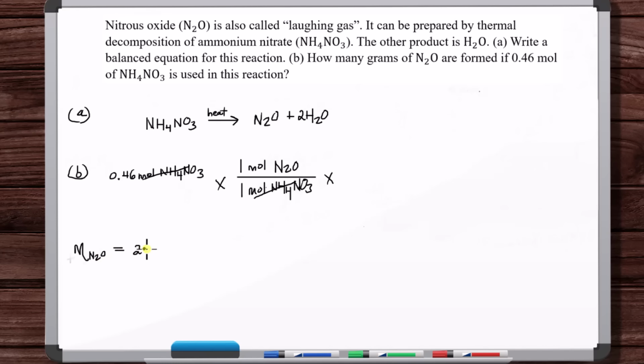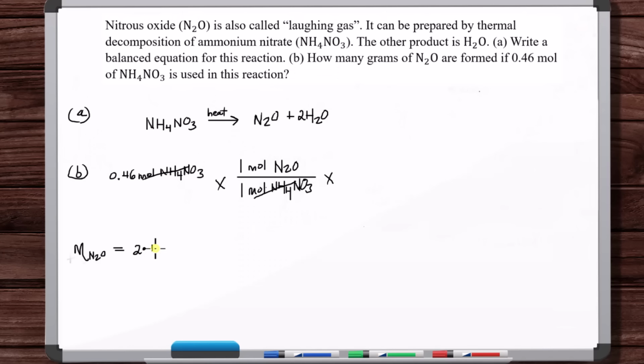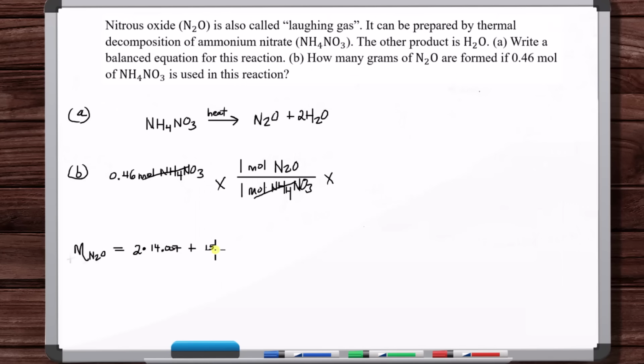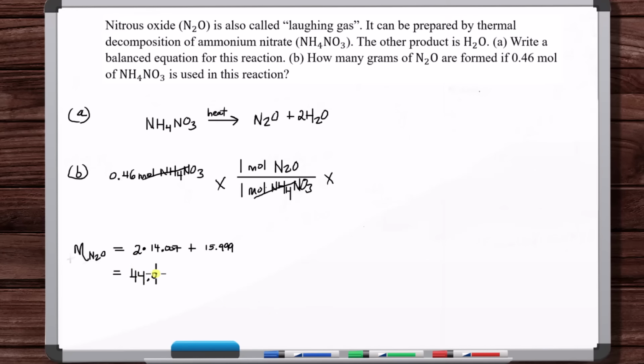So 2 nitrogens, 14.007, plus 1 oxygen, 15.999, gives 44.013 grams of N2O per mole.